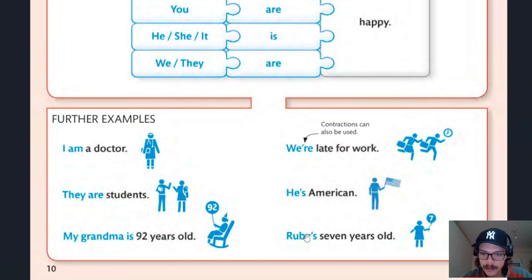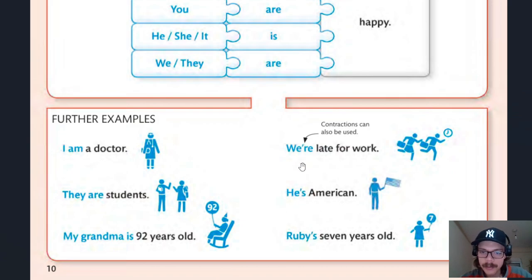Now for the contractions. A contraction is basically when you combine two words, okay? Sometimes more, but normally two words. You will always see an apostrophe when you have a contraction because the apostrophe shows you the letter that's missing.